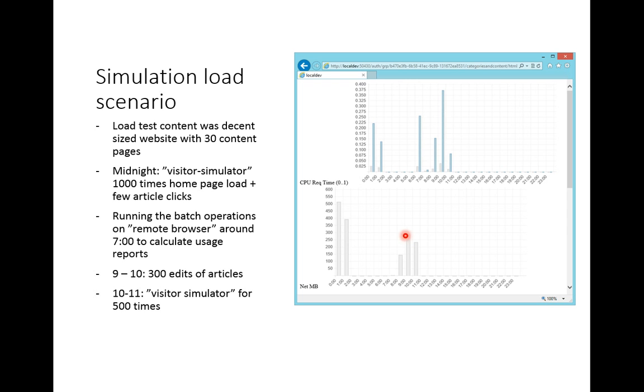Then from 9 to 10, 300 edits of articles, and from 10 to 11 again visitor simulation for 500 times. So basically I'm running this scenario within a few hours and just showing the resource load during those hours. It's monitored on a request by request basis, so it doesn't matter if the requests are spread throughout the month or occurring within a few hours.